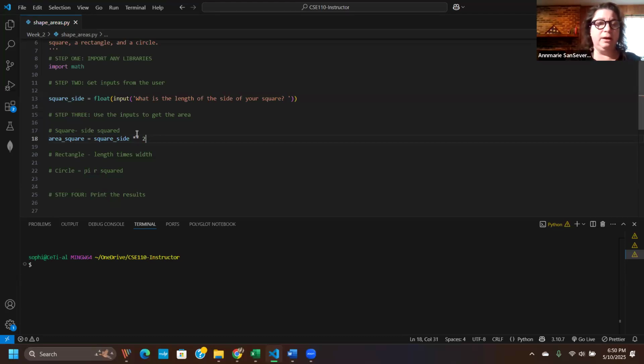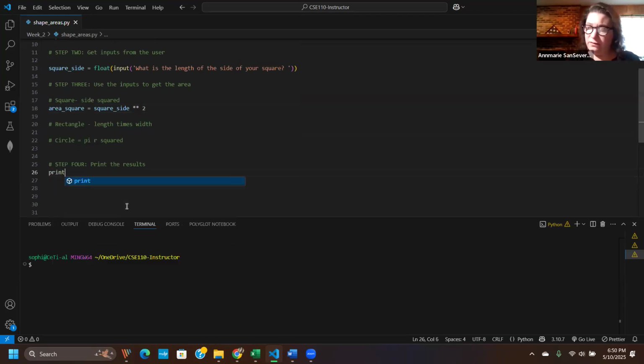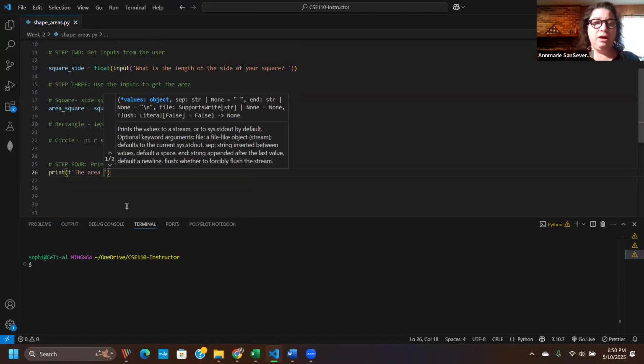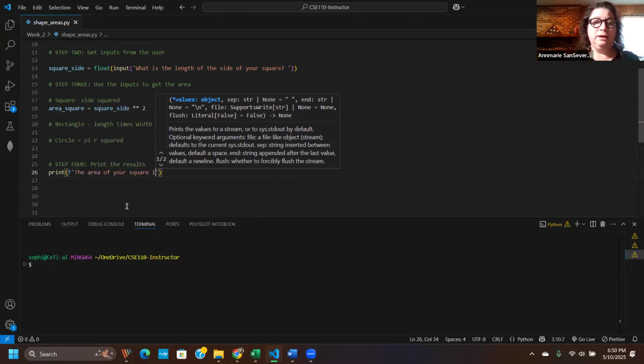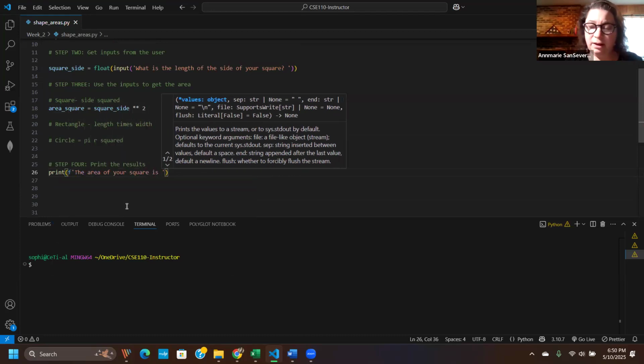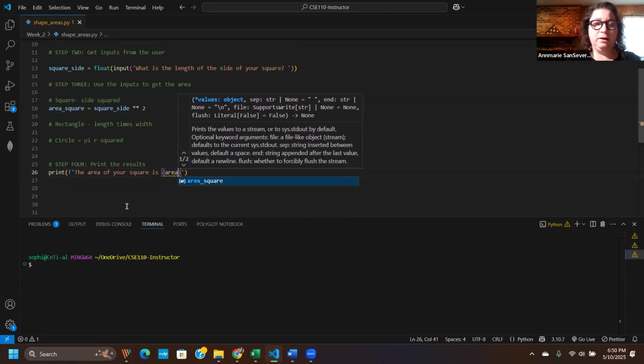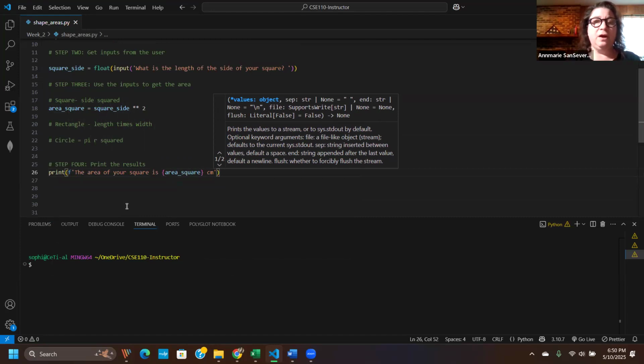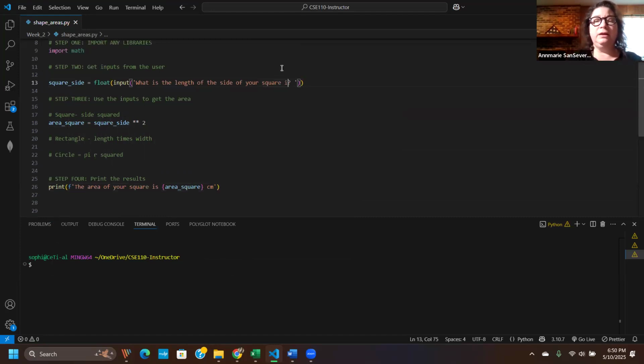We're squaring. Then I am going to print an f-string: the area of your square is, and then area square centimeters. Oh, side of your square in centimeters. Let's be specific with our users.